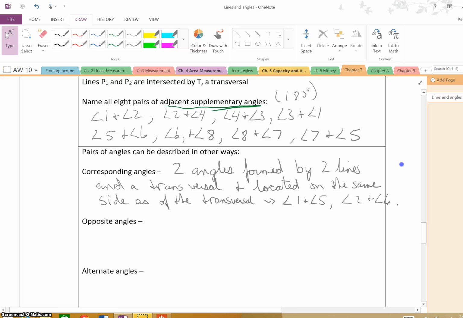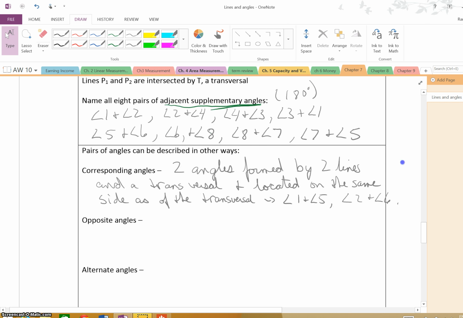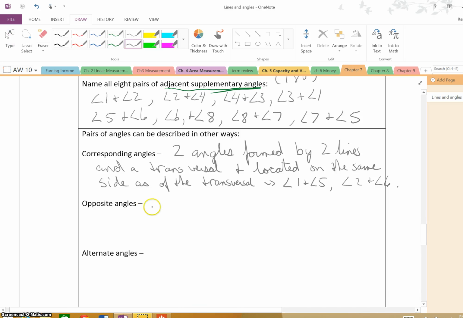Opposite angles are probably the easier of these three different examples here. They are non-adjacent angles that are formed by two intersecting lines.